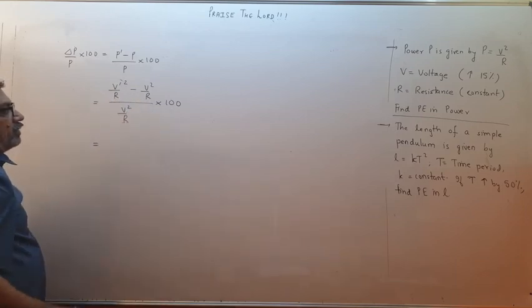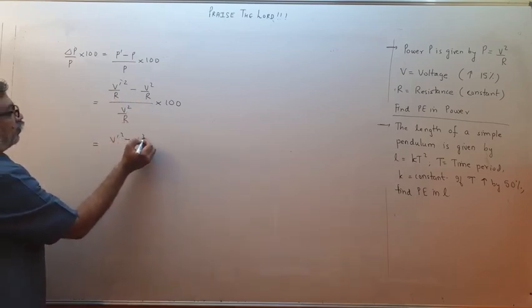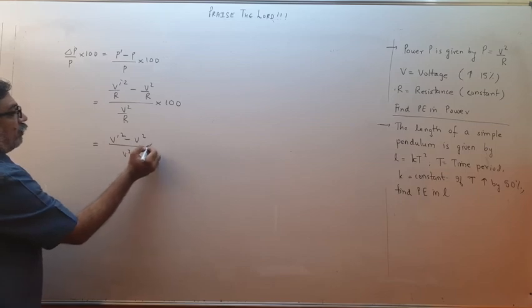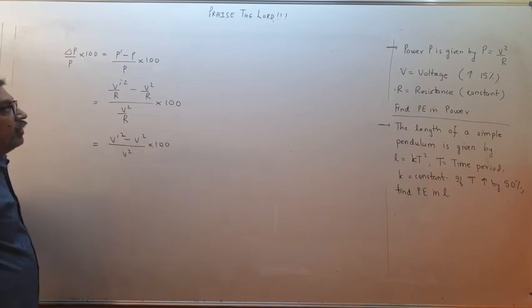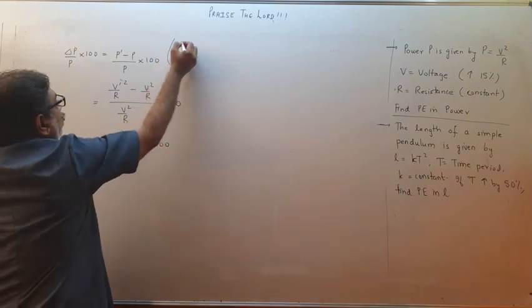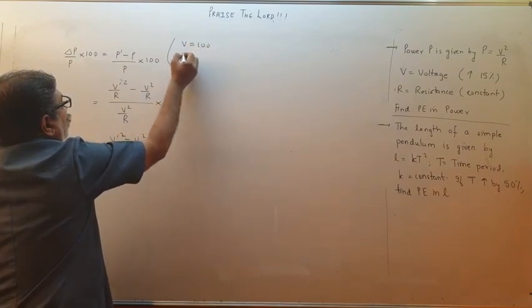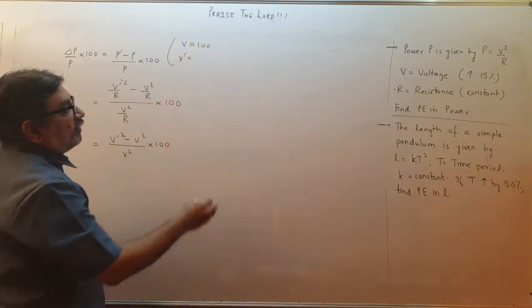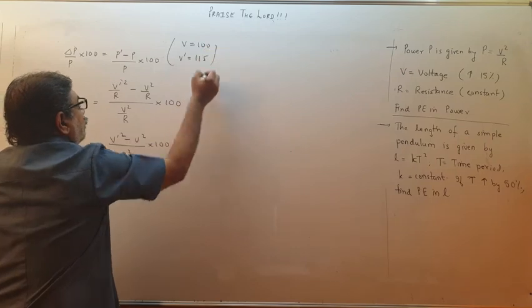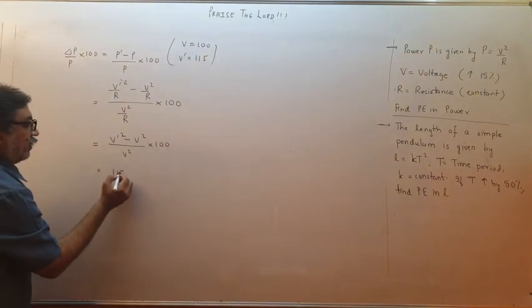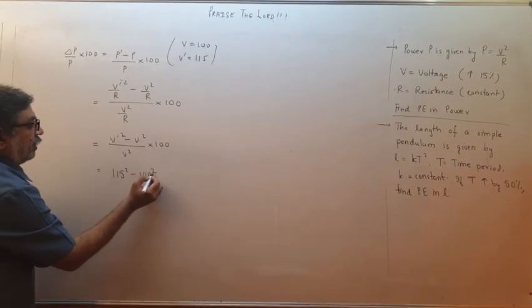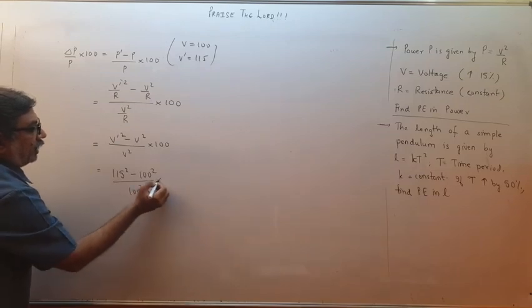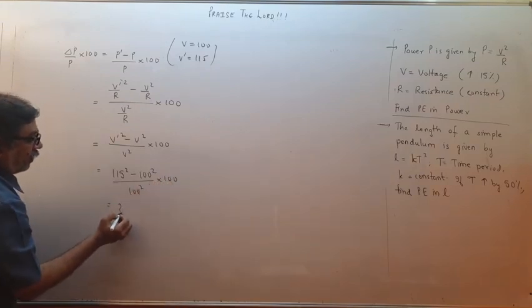R goes from the denominator. So this becomes (V dash square minus V square) upon V square into 100. Initial value of voltage we will take as 100. So V dash will become, it is rising by 15%, it will become 115. So right over here, 115 square minus 100 square upon 100 square into 100 we will get.